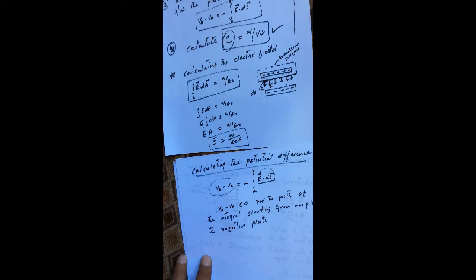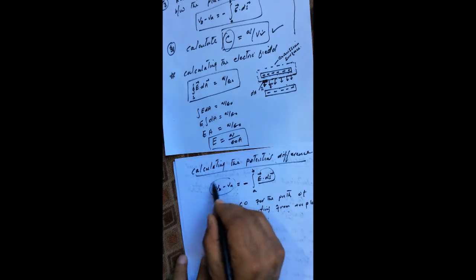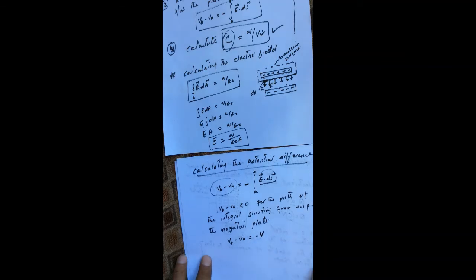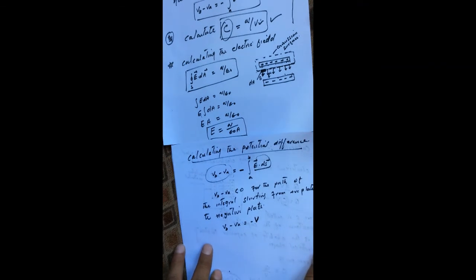But we are looking for the absolute value of potential. Absolute means the positive value of potential. So we replace VB minus VA by a negative term, minus V. This represents the total potential difference across the plates.